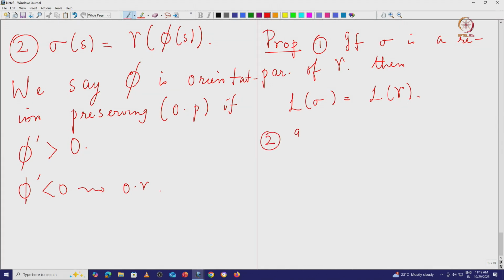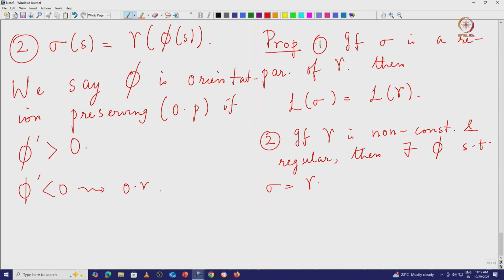Also, if gamma is non-constant and regular, so that means the speed never vanishes at any of the smooth points, then there exists a phi such that the reparametrization has unit speed.